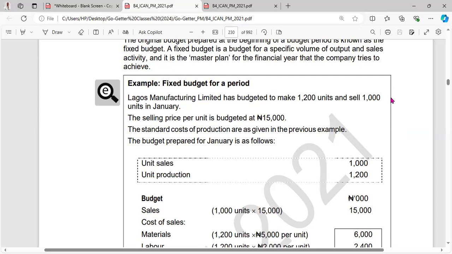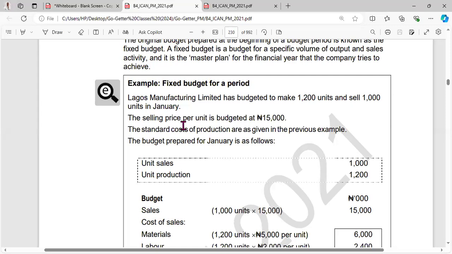Okay, so we are going to be making another assumption. We don't know whether there's going to be opening stock, but of course we know there's going to be a closing stock of at least 200. All right, but let's leave that apart. We have 1,200 units to produce, 1,000 to sell.